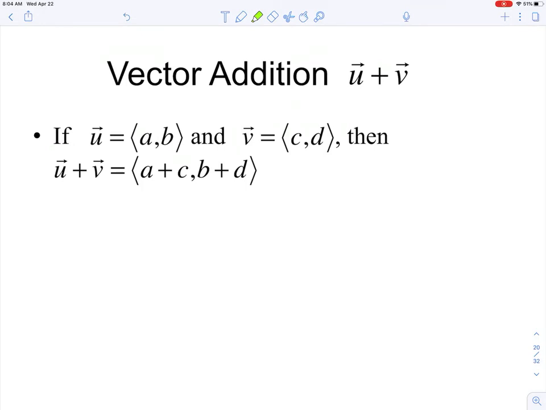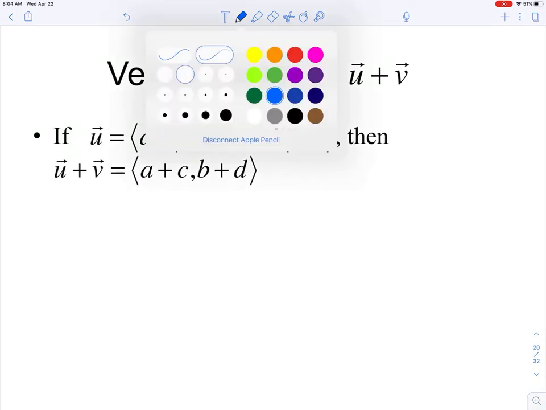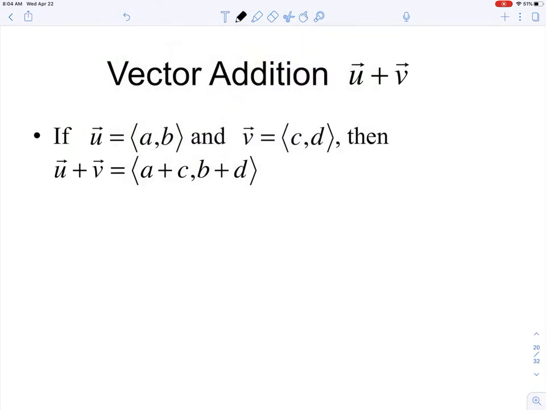Okay, vector addition. We talked about the geometric interpretation of vector addition. Vector addition is when you have two vectors in standard position. It's really easy. You just add their horizontal components and add their vertical components. And I want to show you geometrically why that works.